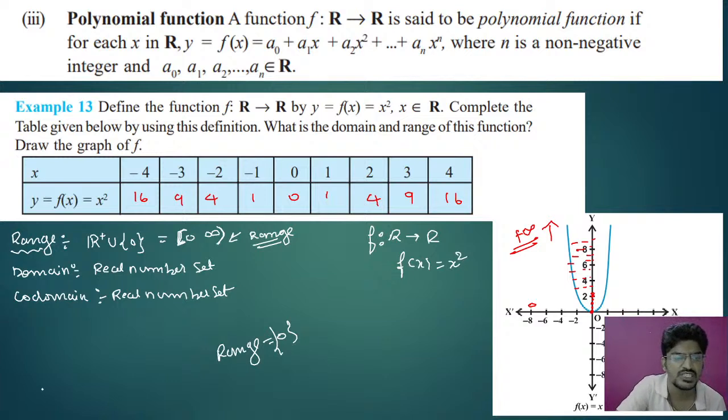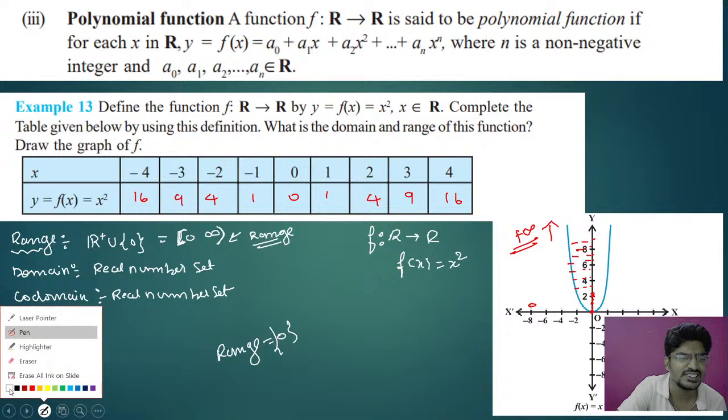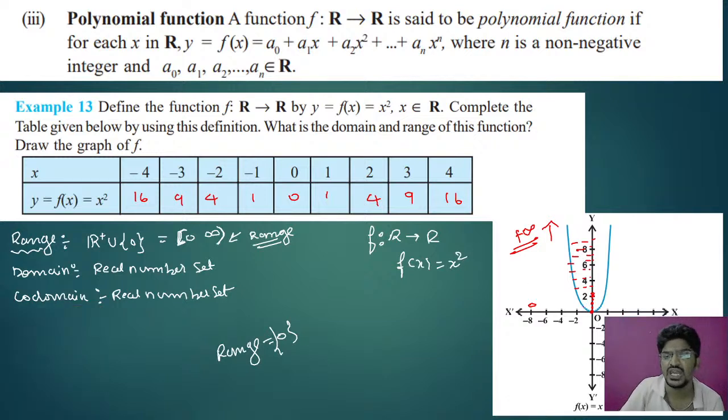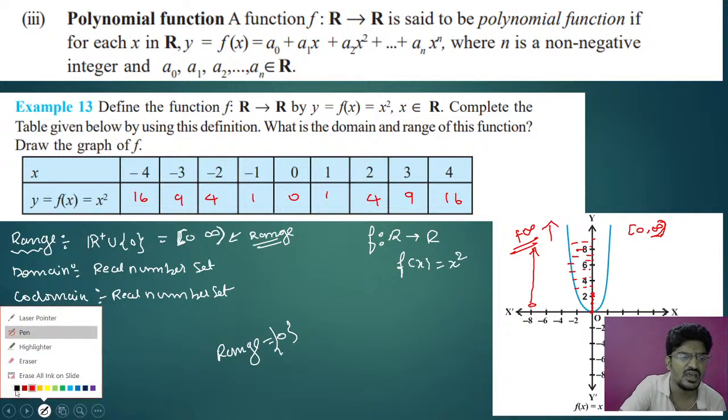Okay, so that's why we say that it starts with 0. See here, it starts with 0 and goes towards positive infinity. So that's why closed at 0, open at infinity is the range.